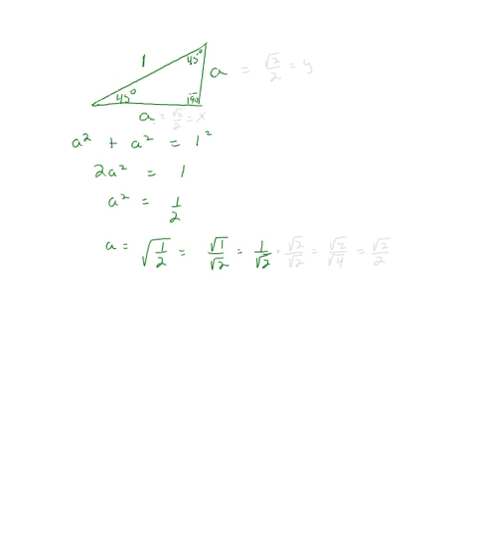Now that doesn't match what we have on our picture there. If you rationalize the denominator, you'll have the square root of 2 over the square root of 4, or the square root of 2 over 2. So that tells me that both of these sides are square root of 2 over 2, that's our y value, and square root of 2 over 2, that's our x value. Right, and that's where those numbers come from. They're not just magic.